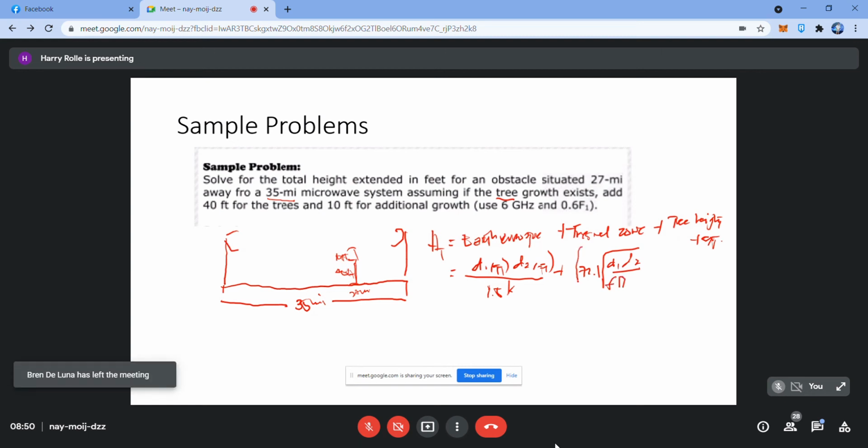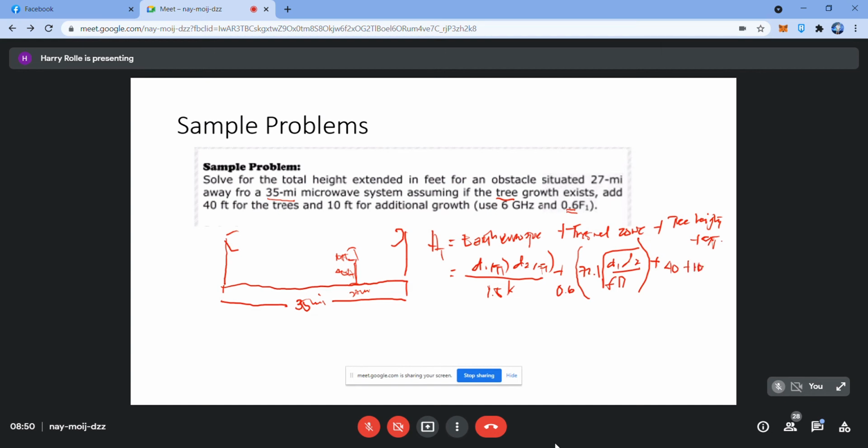By the way, you have to multiply it by 0.6, because we only take 60% of the distance. Plus the height of the tree, which is 40 feet, plus the extension of 10 feet.